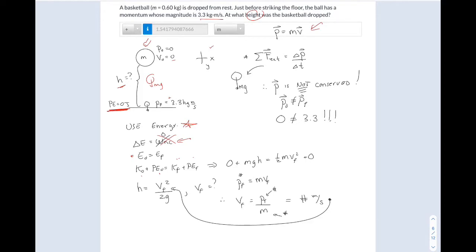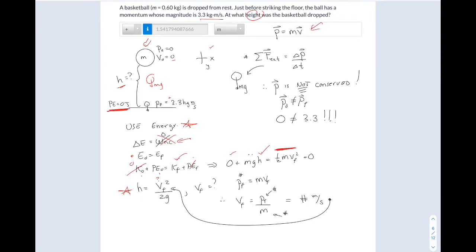In my picture, K initial is 0. Initial potential energy is mgh. Final kinetic energy when it hits the ground is 1/2 m v final squared, and final potential energy at the ground is 0. So I can solve this for h, and that's what I want. But I don't know v final when it hits the ground.